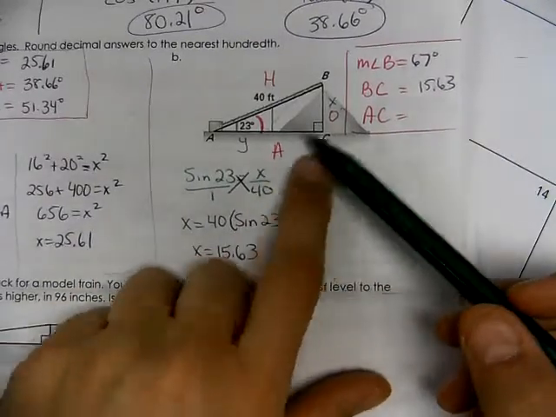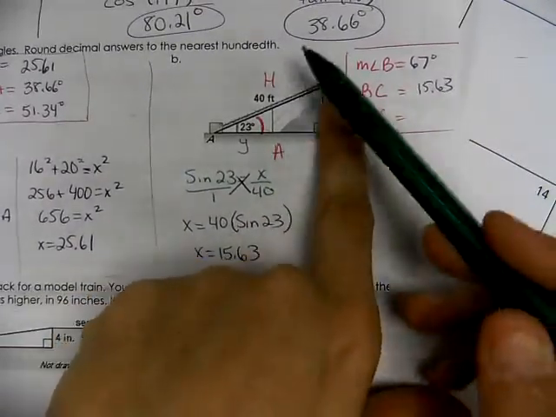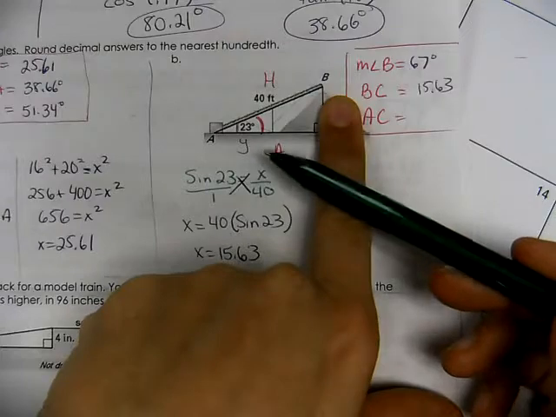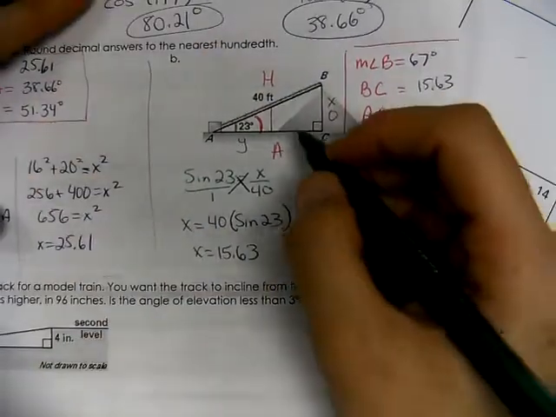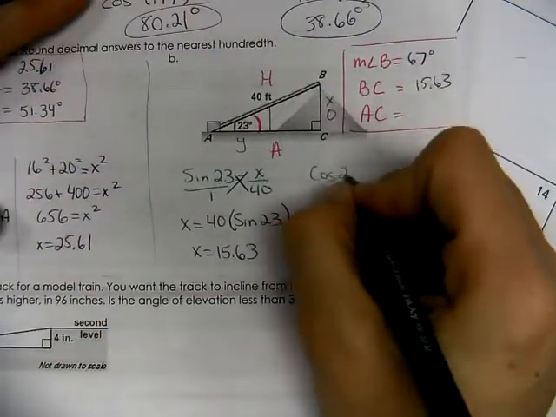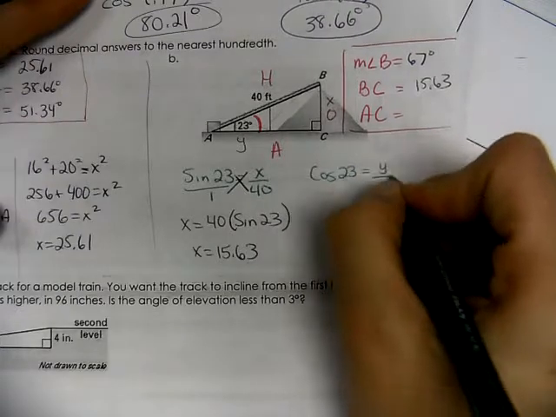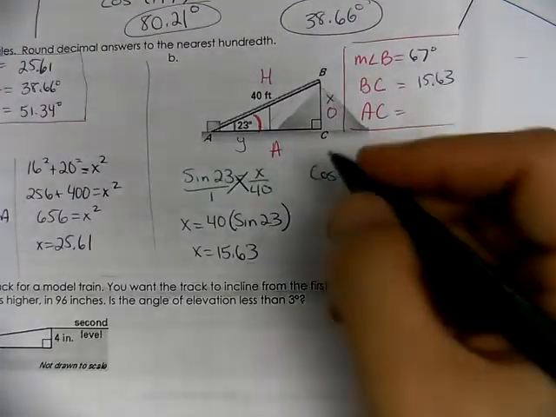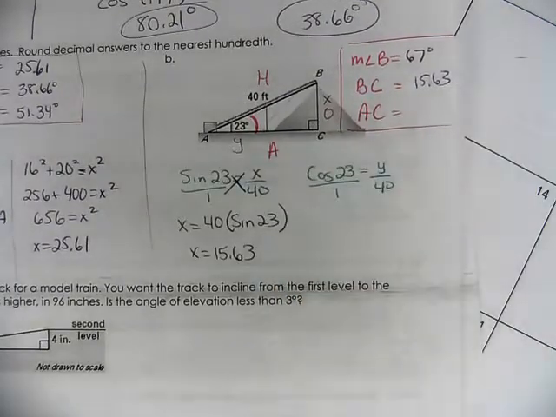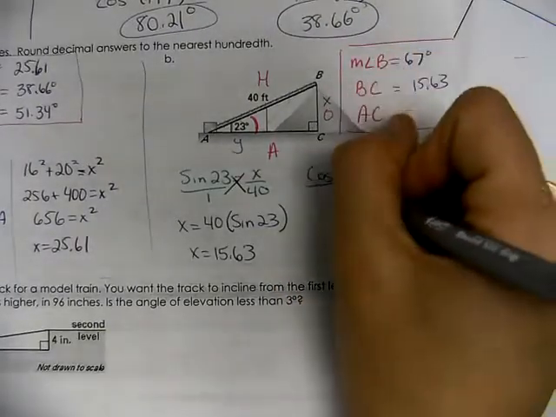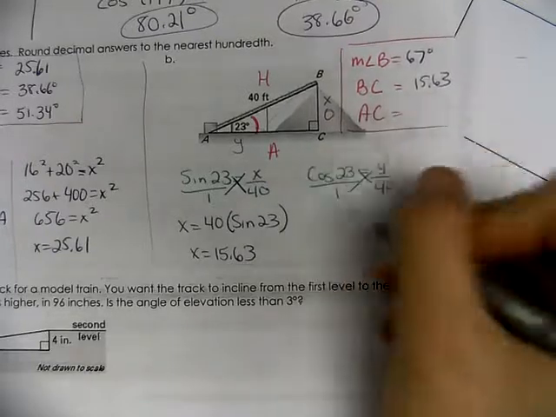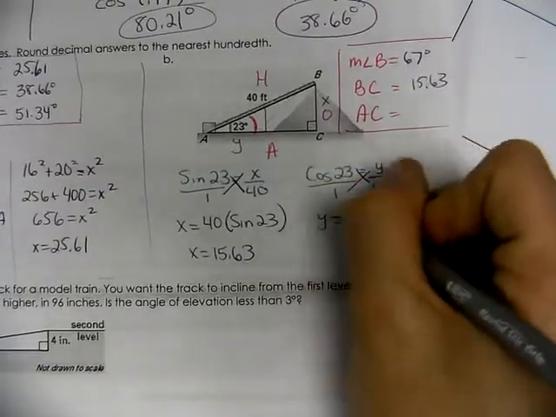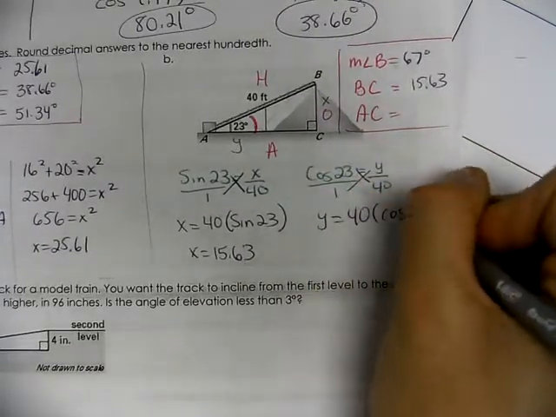So for AC, which I've got to use A and H, which trig ratio am I going to use? Cosine. So the cosine of 23 is Y over 40, adjacent over hypotenuse. Plus, with this one, they're both multiplied, so it's pretty easy. Cross multiply, I get Y is 40 times the cosine of 23.